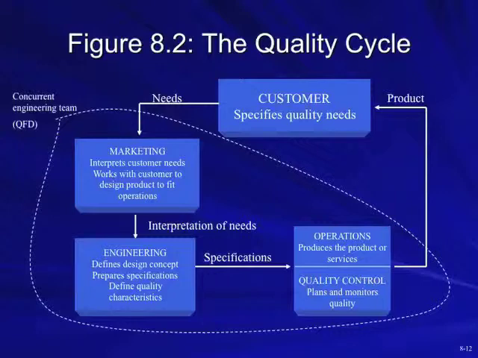The quality cycle is what we've been talking about continuously. In order to get to the customer and have the customer have a very high quality perspective, the customer really is going to look at the marketing aspect, the design and engineering aspect, the operations, and how you manage and control all that. The way to solve that problem, again, is through a concurrent engineering concept.